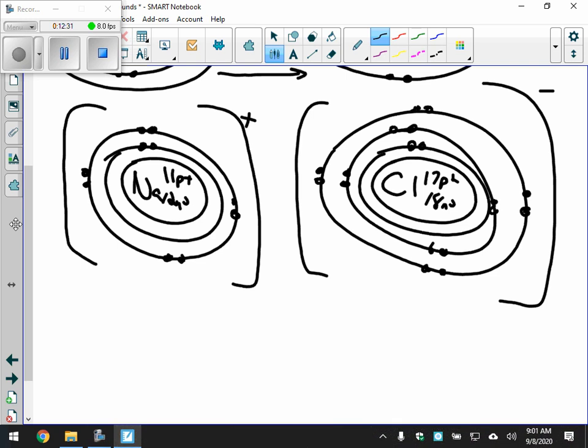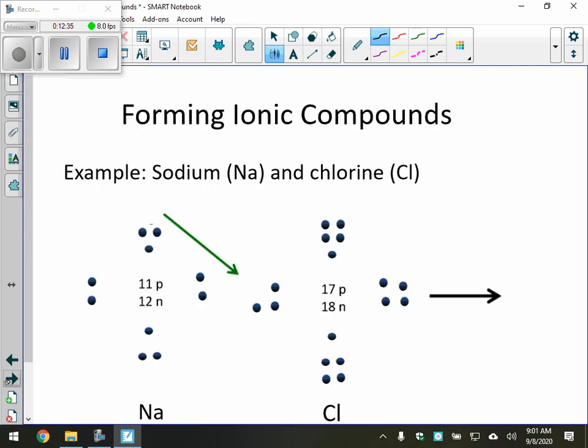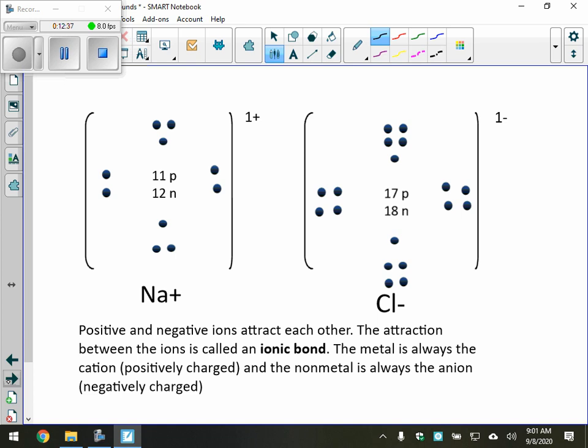So you guys have that there. They use the little bold X to represent the electrons. Notice the use of the square brackets, of course, and we're going to use some charges there as well to represent that. The attraction of the two ions to each other is called an ionic bond.